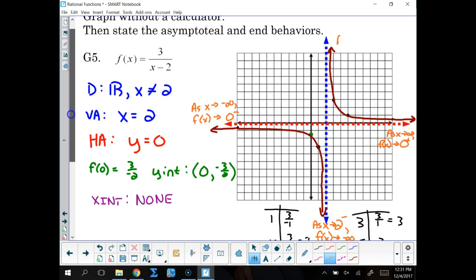And up here, as x approaches 2 from the right, what do you get? F of x is positive. Yep. Okay.